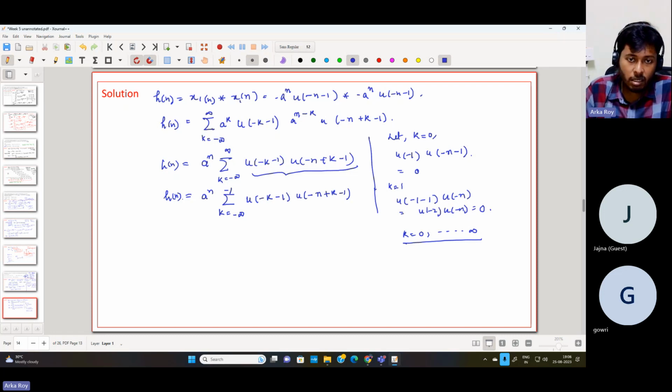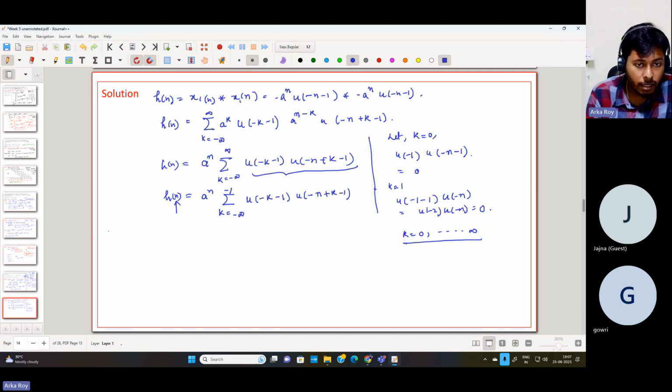Additionally, the answer of this convolution also depends on the choice of n. That means for what values of n we get samples and for what values of n we get zeros. So we need to take care of that as well.